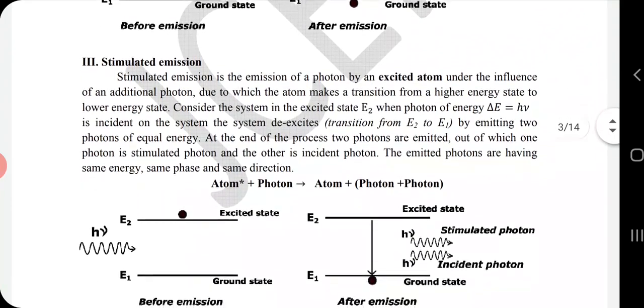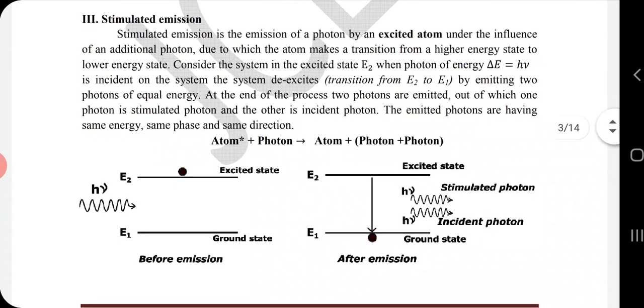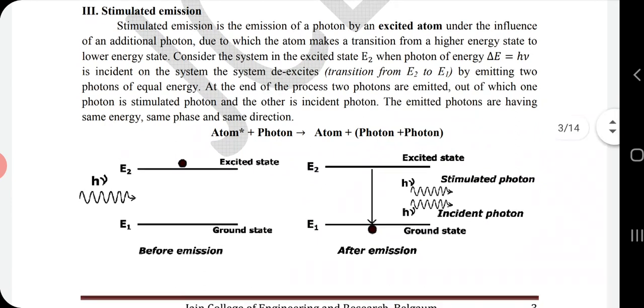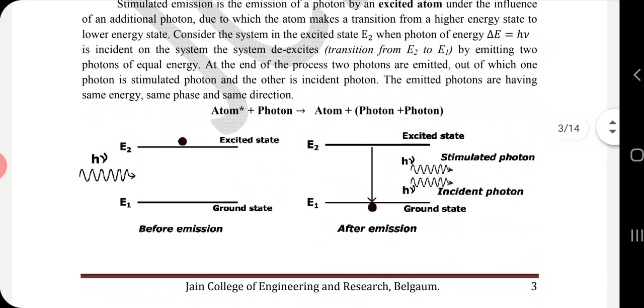The third one is stimulated emission. Again, before emission we should consider the atom star, that is, the excited state atom, and it has to be stimulated by a photon, and then it will emit two photons.